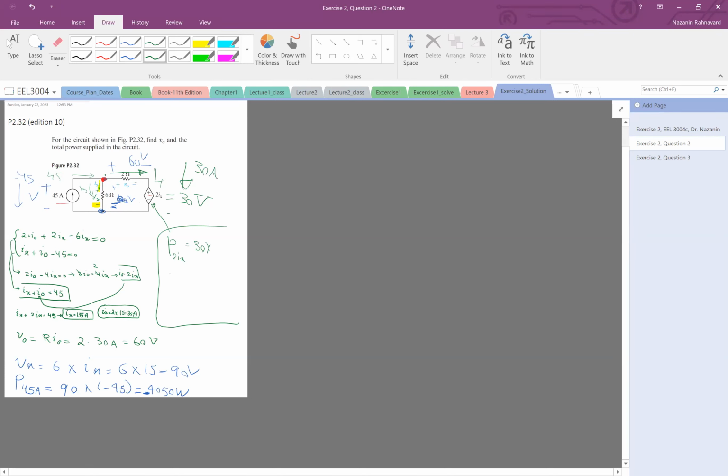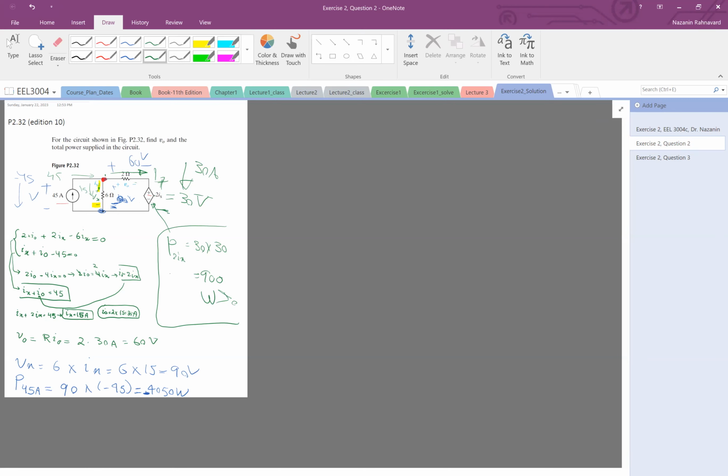So plus is a plus, and because it's going this direction, 30 times 30 is 900 watts. As you see, it's positive. So even this dependent source is actually consuming energy, and that's totally fine.